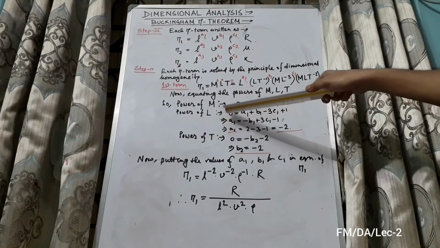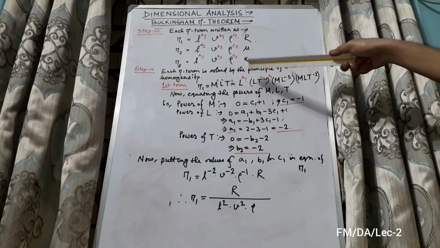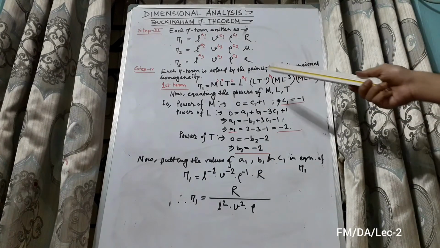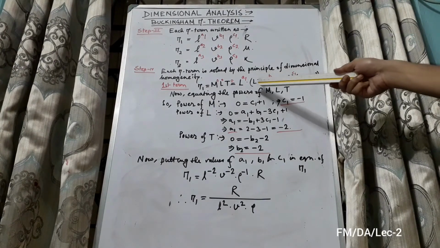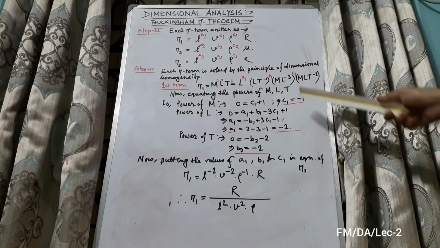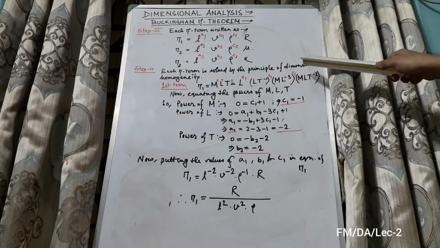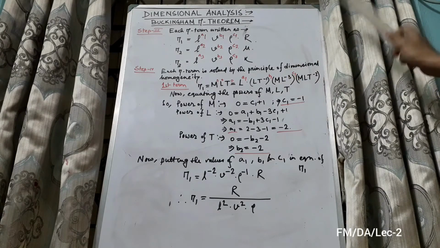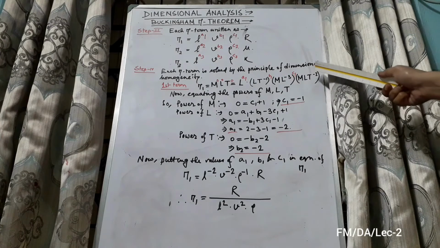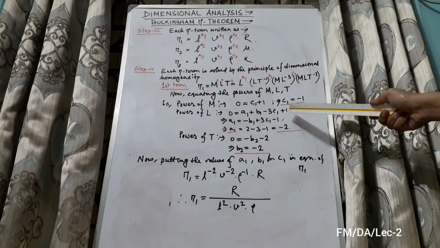Then the power of L is A1, then plus B1, then the power of L is minus 3C1, so we write minus 3C1, and then again the power of L is 1, so we write plus 1.